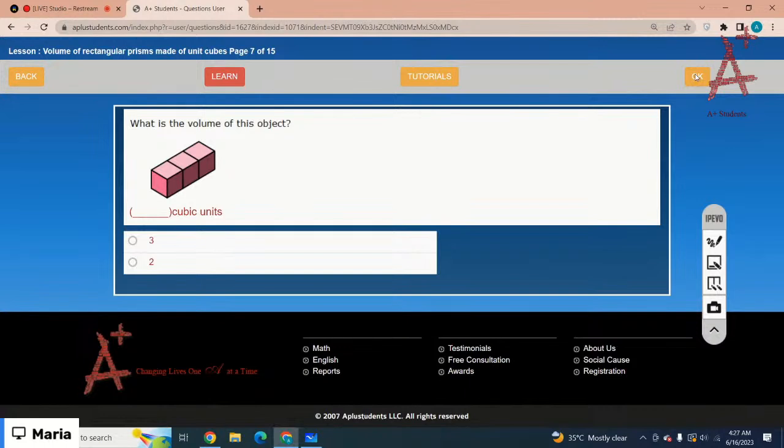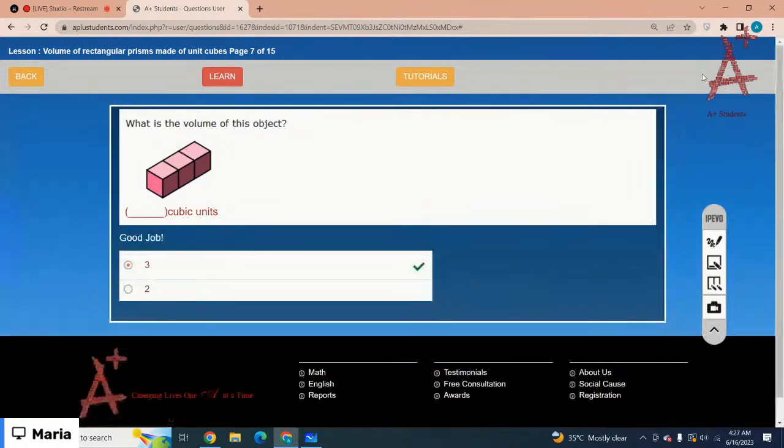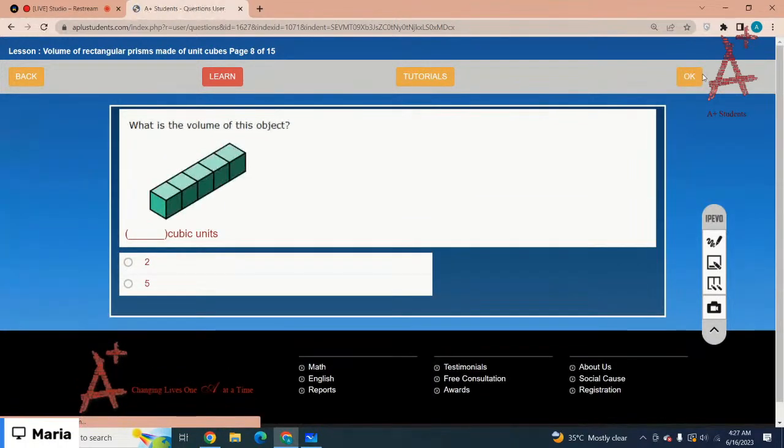That would be 3. You have one row and 3 cubes. It would be 1 times 3. What is the volume of the object? It would be 5. The correct option is 5.